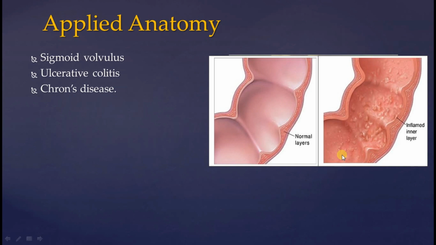Symptoms may be diarrhea, bleeding, excessive gas, pain. All those things are symptoms of ulcerative colitis or Crohn's disease.